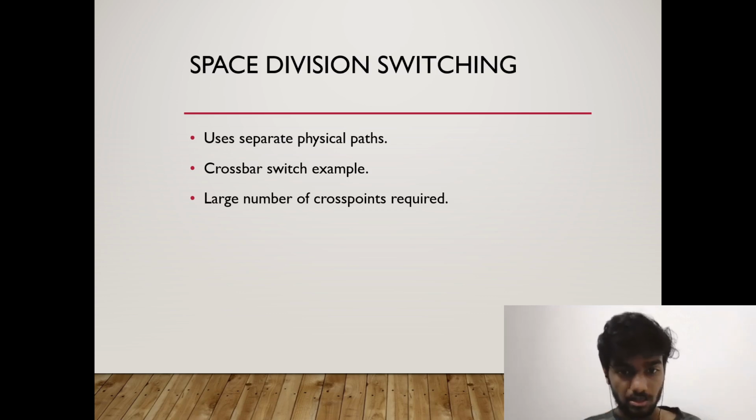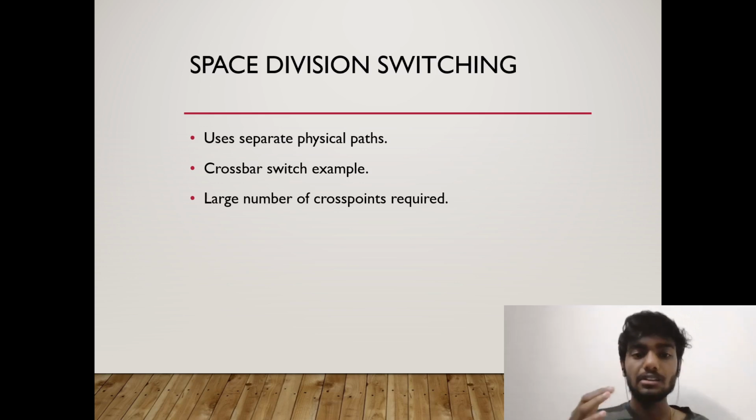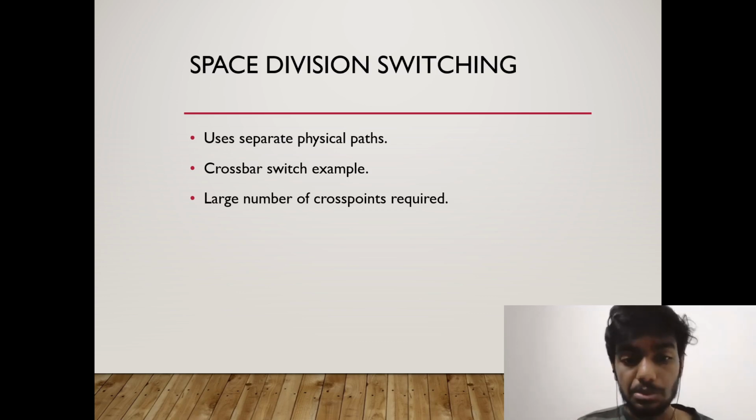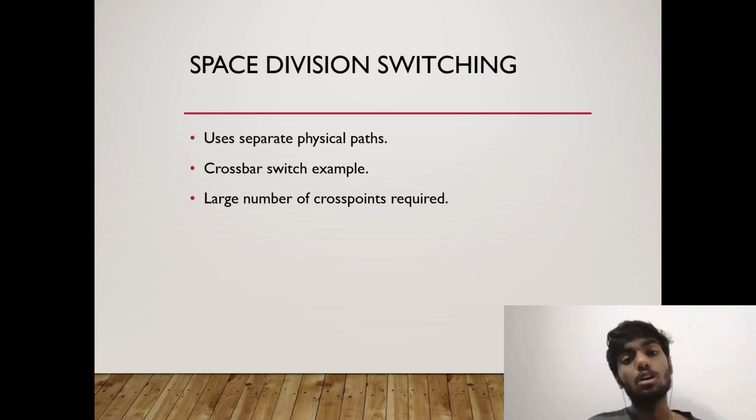A large number of crosspoints required is a drawback, as is inefficient usage. Hardware failure affects the connection. If it results in hardware failure, then obviously it will affect the entire circuit.